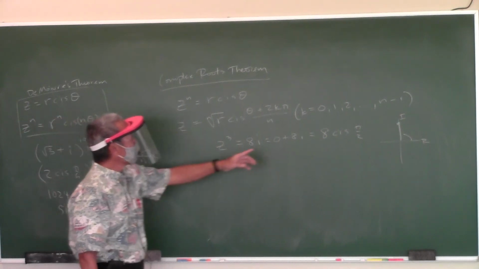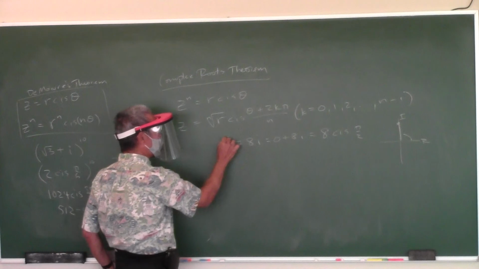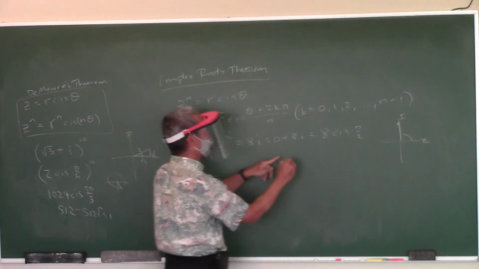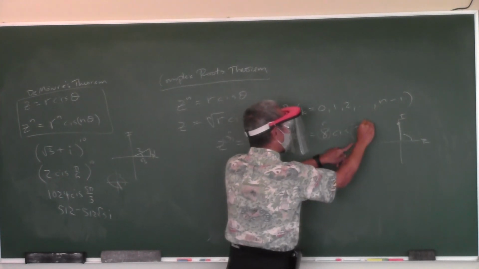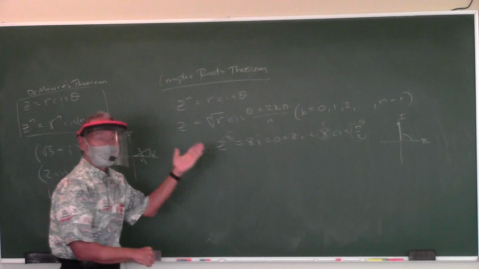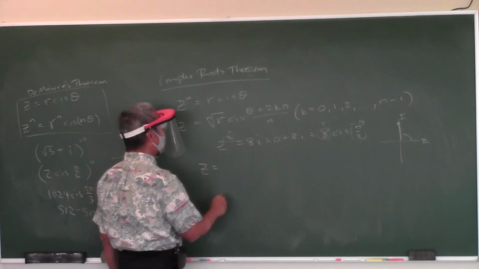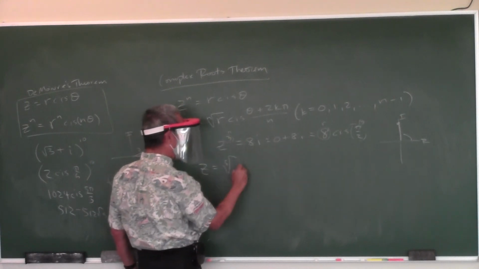Okay, now that we got it in polar form, just use this formula. Let's identify everything. What is this? That's n. What is this? R. And that's theta. Just plug and chug into this formula. It's so simple. So your solutions will be the cube root of r, which is 8.